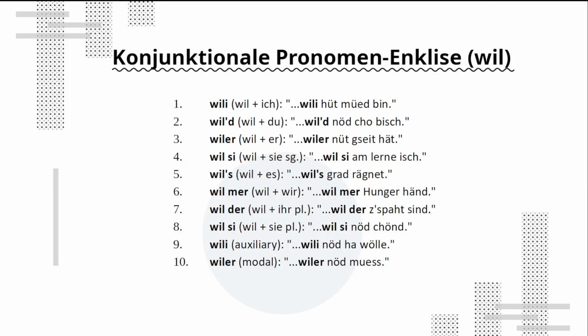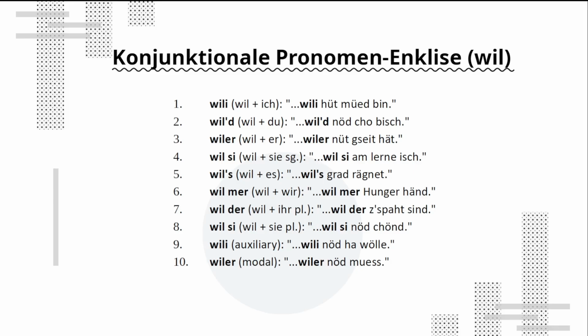Next one would be konjunktionale Pronomen inclusive. So, a really difficult way to say that you will do something. When it's used: in almost every sentence that explains a reason, because. This fusion is the speech secret of native speakers.